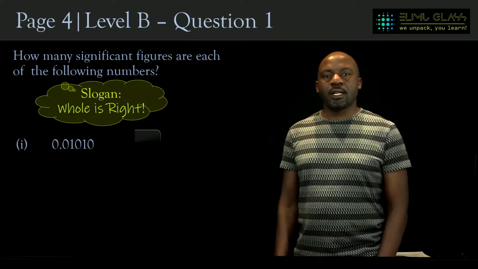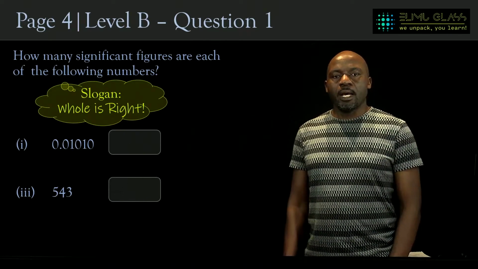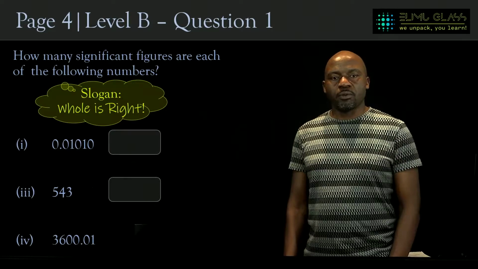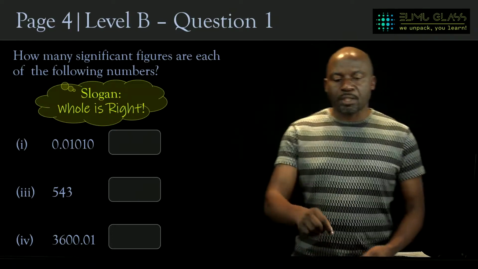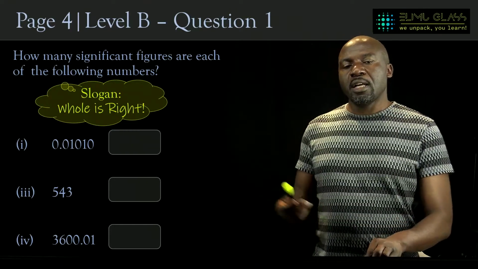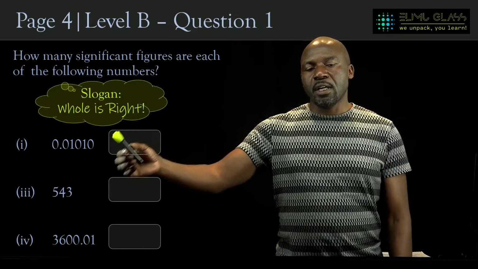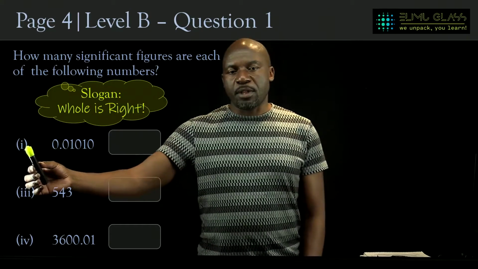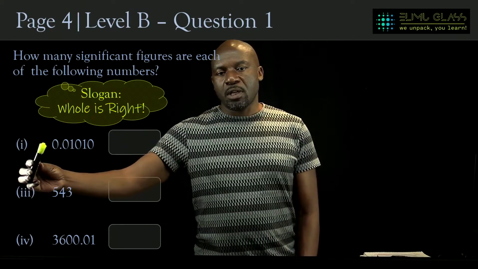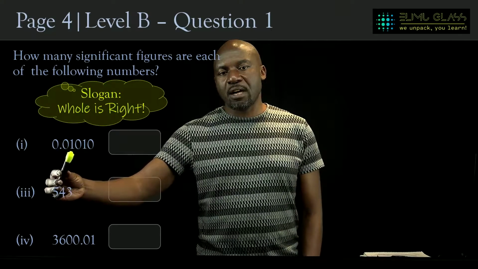Okay, so here are some values. I think there are 3 of them. I will put the space where to answer these questions here. If we look at the first one, this is not a whole number, so we do not start from the right, we start from the left. Because it is a decimal number, we start counting from the first non-zero digit and then count everything.